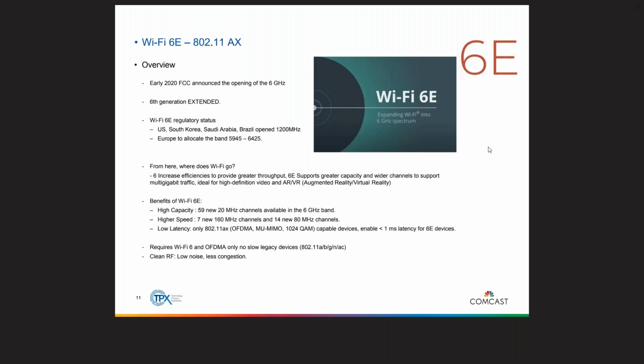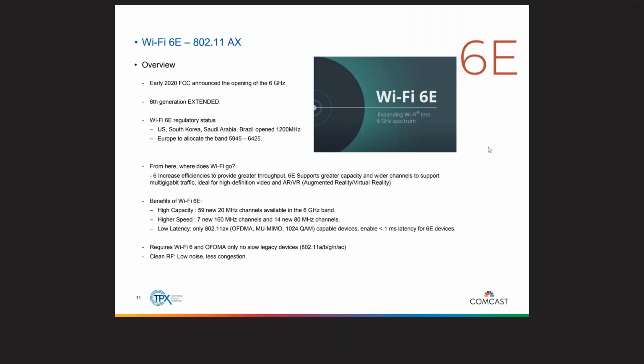Countries like Russia and Egypt are also considering opening only UNII-5. Australia and New Zealand are considering opening the entire 1200 megahertz spectrum. Overall, there are other countries still under consideration, talking to their own regulatory authorities, so the list can be extended by the end of this year or mid of next year.